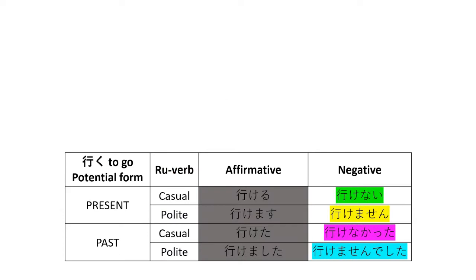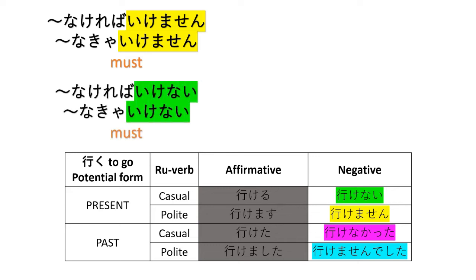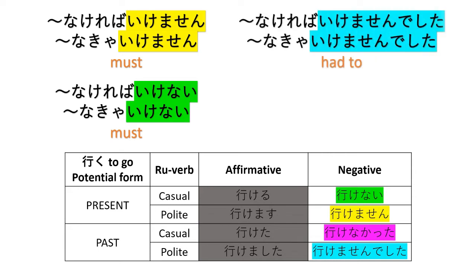And this is the table for those conjugations. So, ikemasen, ikenai, nakereba ikemasen, nakyaikemasen, must. In the present polite. Nakereba ikenai, nakyaikenai. For the present casual. Nakereba ikemasen deshita, nakyaikemasen deshita.